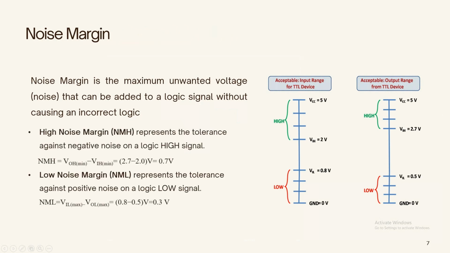From the figure, if we calculate the high noise margin, then we can see the high noise margin is around 0.7 volt, and the low noise margin we can get is 0.3 volt. This means if electrical noise is introduced during the signal transmission, the receiving TTL gate will still correctly recognize the logic level as long as the noise remains within these margins.